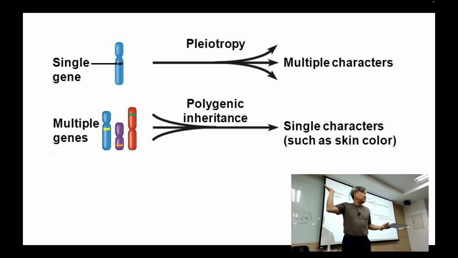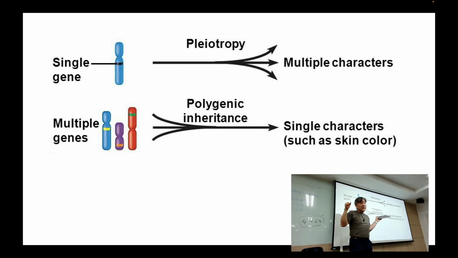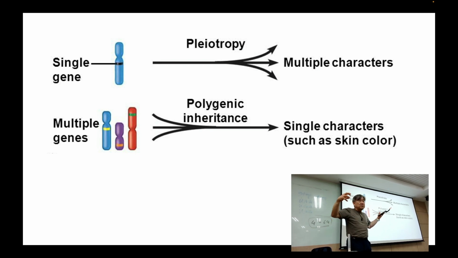Human height is a thing. So many multiple genes work together to determine human height. Human intelligence too. So many different genes work together, so that's why you cannot really pinpoint what kind of gene controls your intelligence.